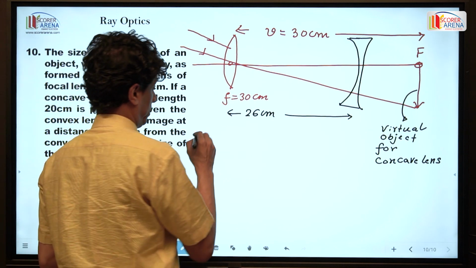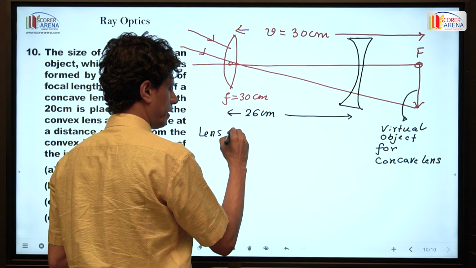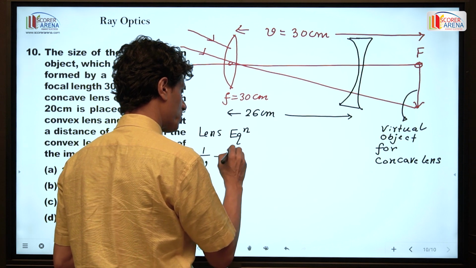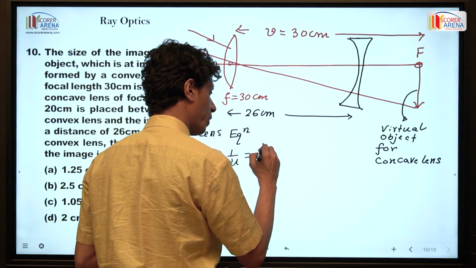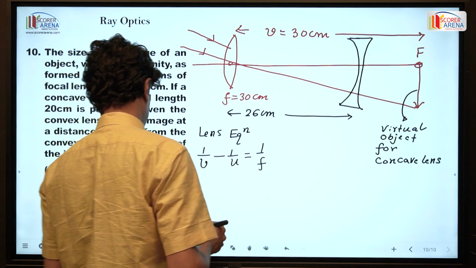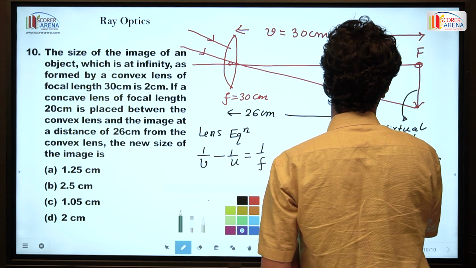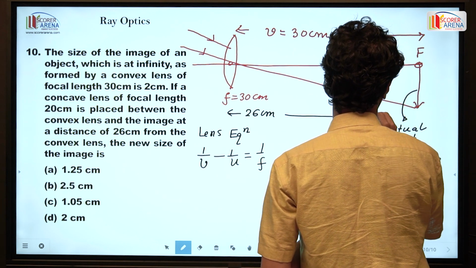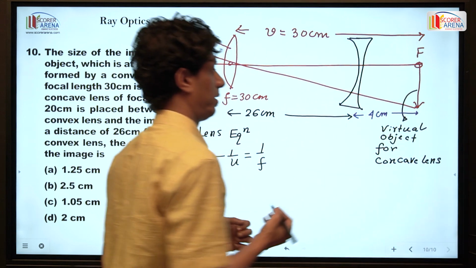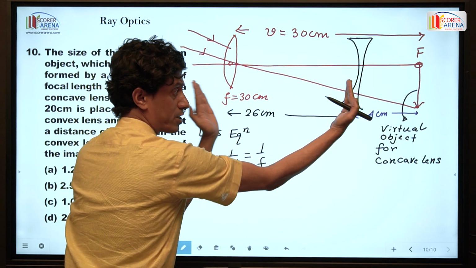And using the lens equation, 1 by V minus 1 by U is equal to 1 by F. Here the virtual object distance is 4 centimeter, because the total distance is 30 centimeter and the lens is at a distance 26 centimeter.